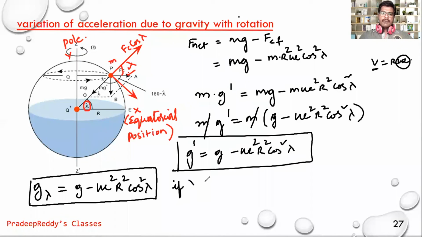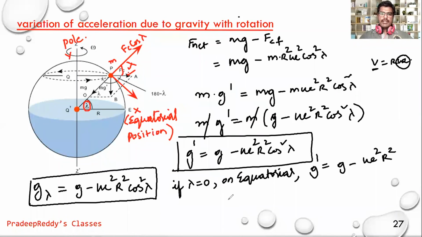If lambda is equal to 0, that means on the equatorial, cos 0 will be equal to 1, so g dash will be equal to g minus omega square into r square.